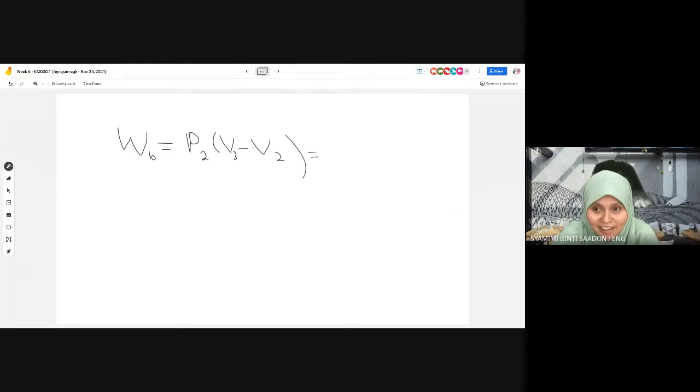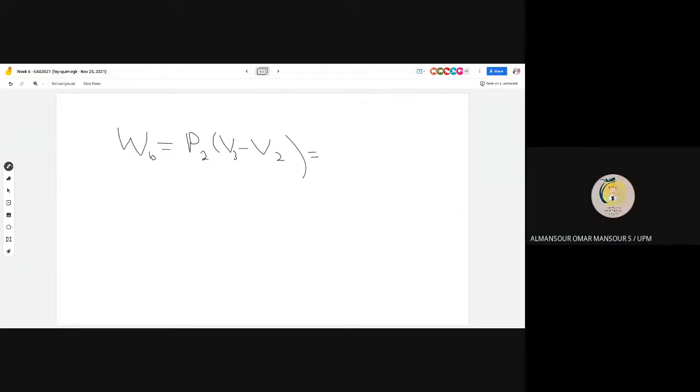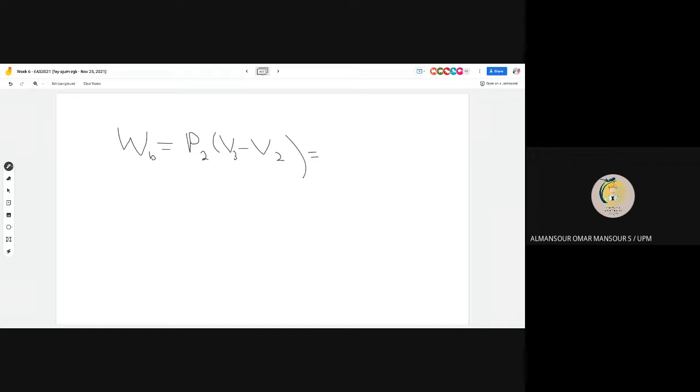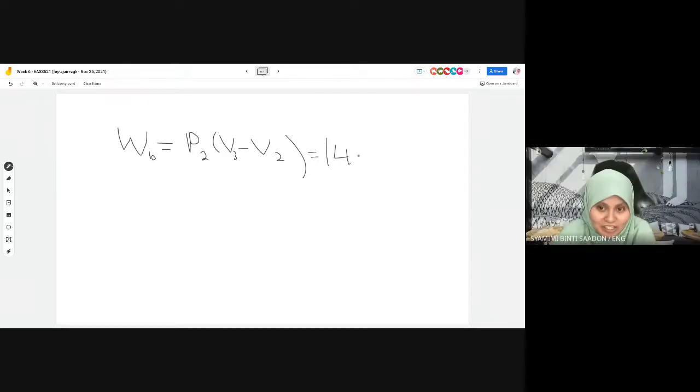Student: Next week test. Yes, doctor. Okay, sorry. Al-Mansur Omar, how much do you get for work? 140 kilojoule. Okay, thank you very much. 140 kilojoule, okay? We change directly to joule. Even though this one is in kilopascal and this one is meter cube, we can change to kilojoule directly.